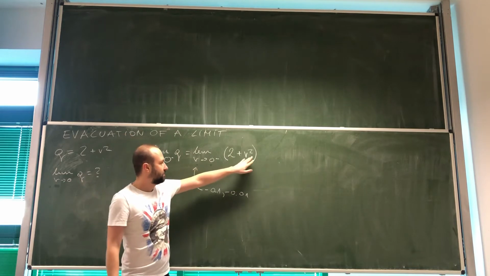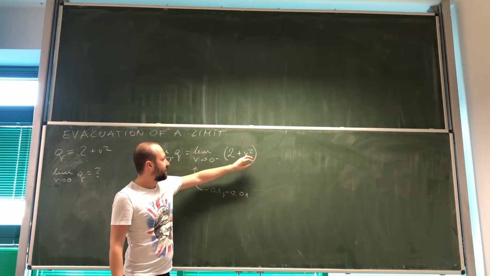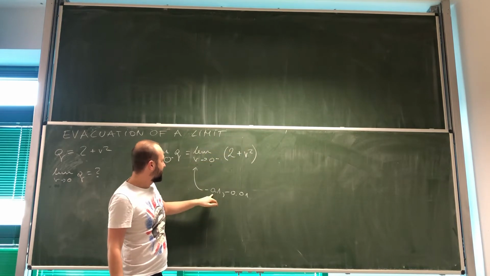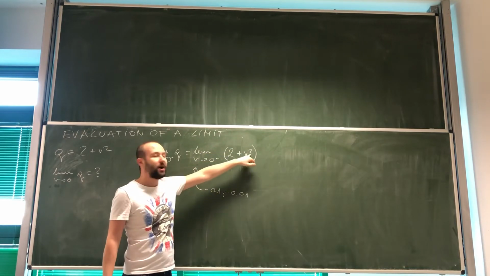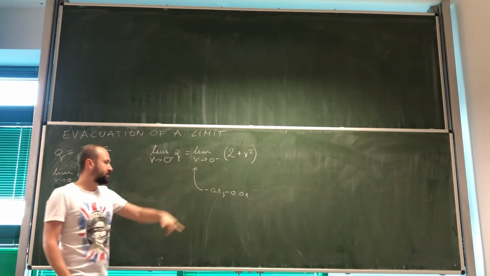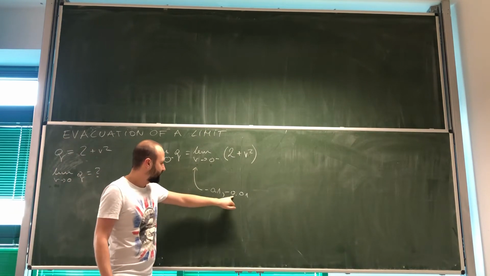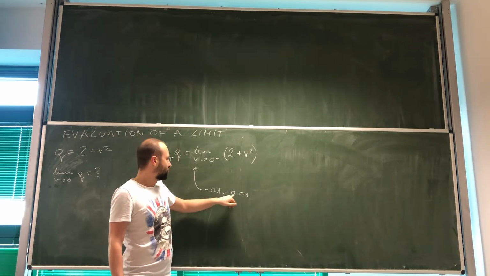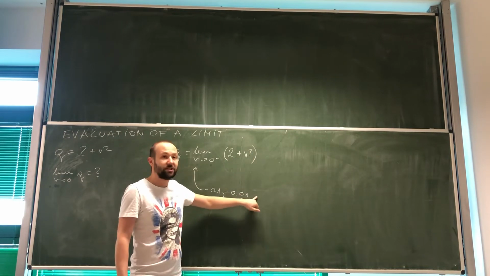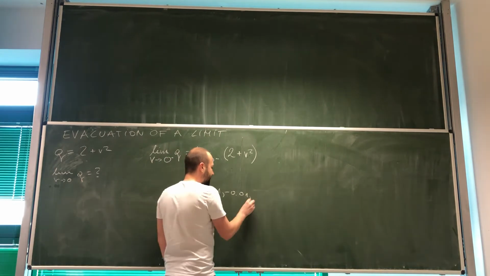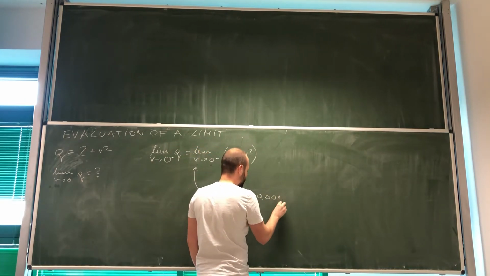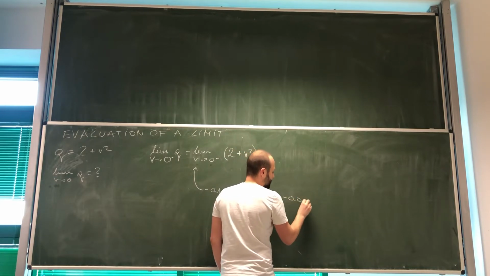Then we also see what is happening over here. This number is getting smaller and smaller and smaller, right? Because negative 0.1 to the power of 2 is 0.01. Negative 0.01 to the power of 2 is 0.0001. And look, then we can substitute an even smaller number.